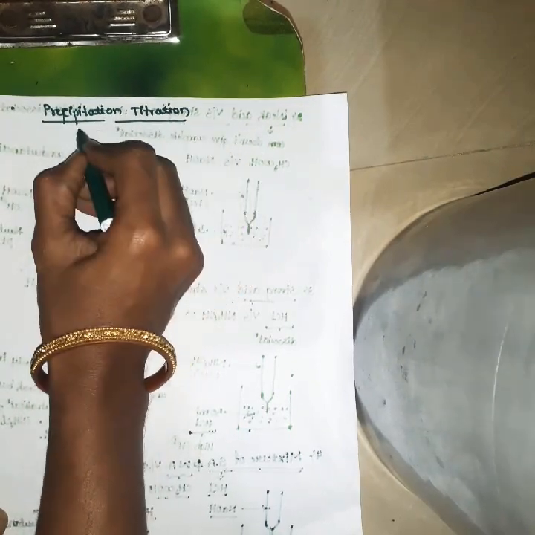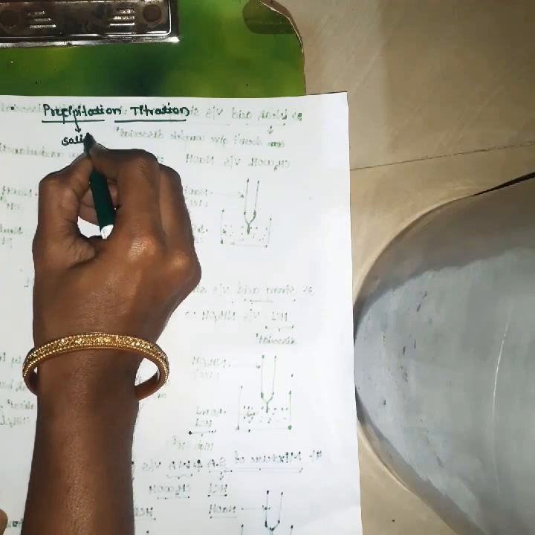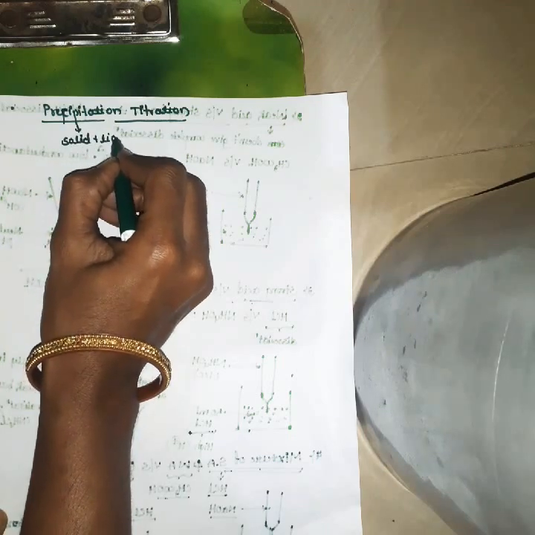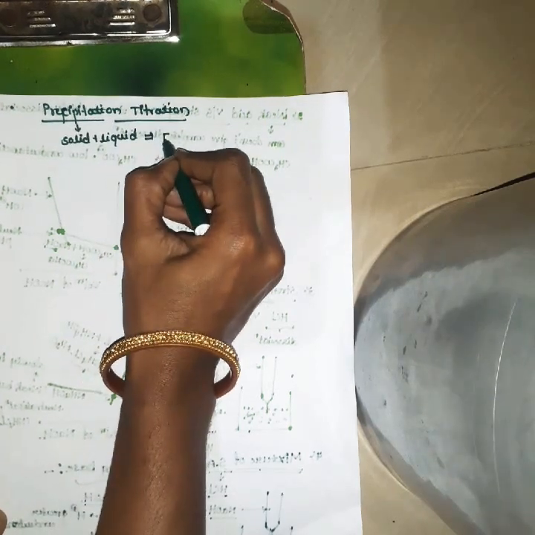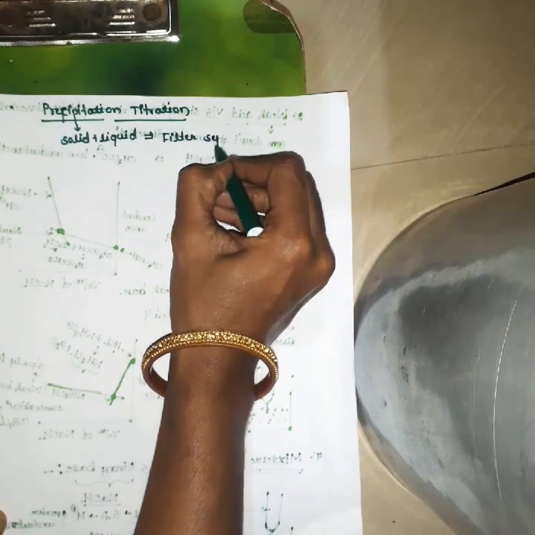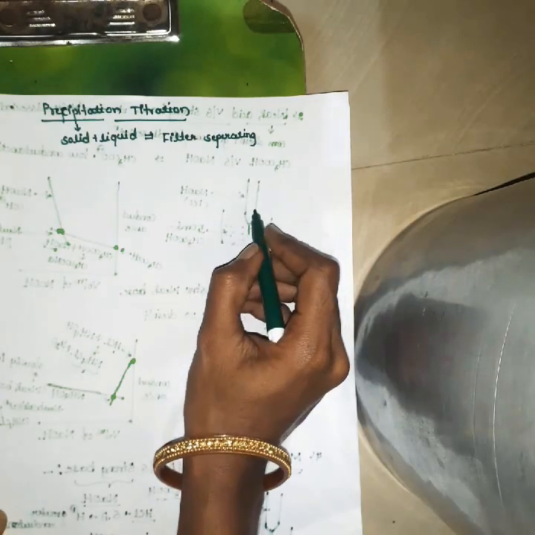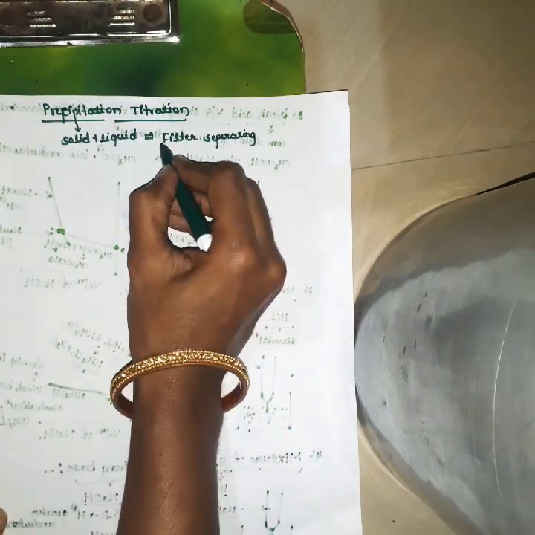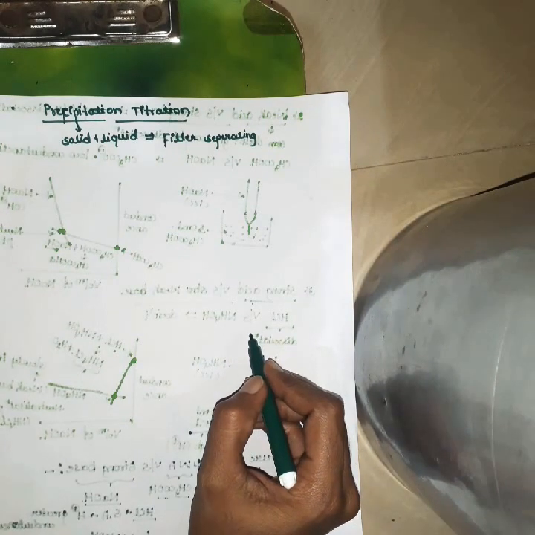Precipitation means there is a combination of solid and liquid. The solid and liquid are present, and the precipitate is separated by using filter paper. By using filter paper we separate solid and liquid. That is called precipitation titration.